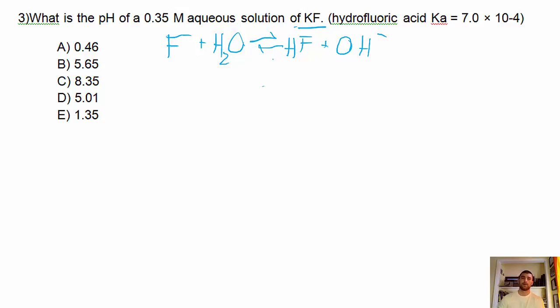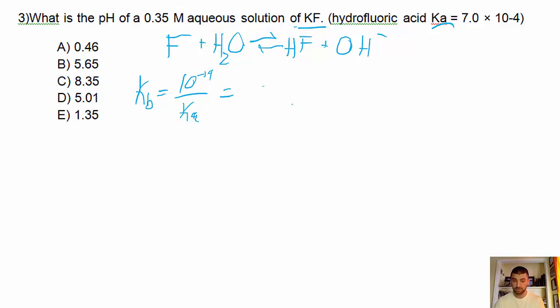All right, so that's the basic thing, but they give us the Ka, right? So this is acting as a base, so we want the Kb. So I know that Kb equals the Kw, which is 10 to the minus 14, over Ka. Let me solve what my Kb is first.